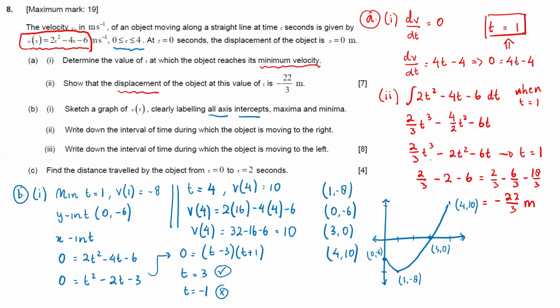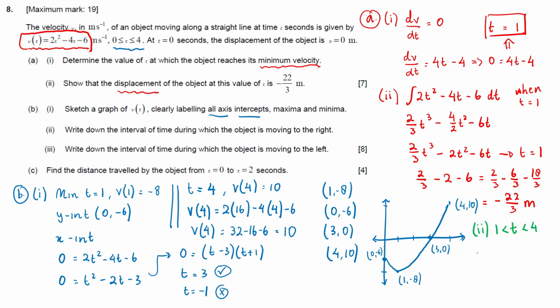So the interval when the object is moving to the right is between 1 and 4, meaning t is less than 4 and bigger than 1.